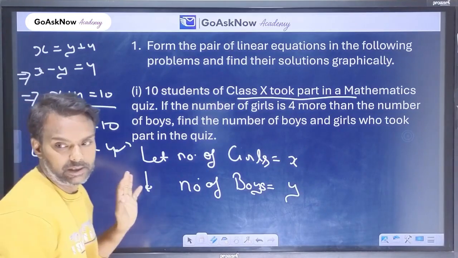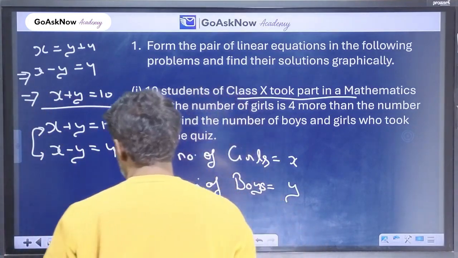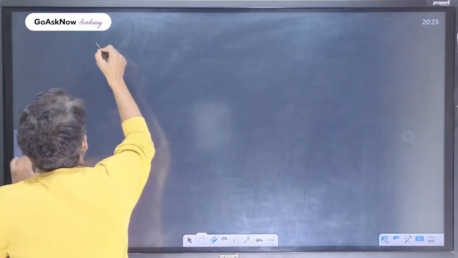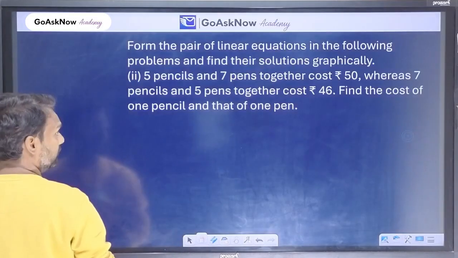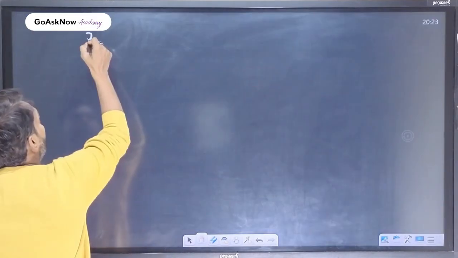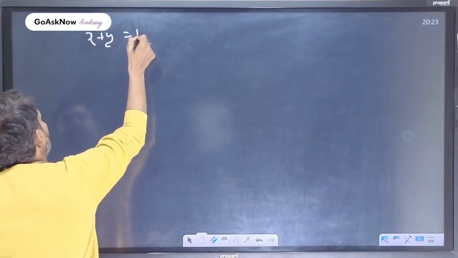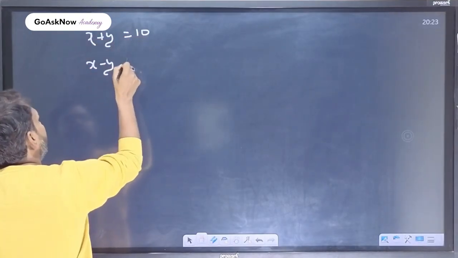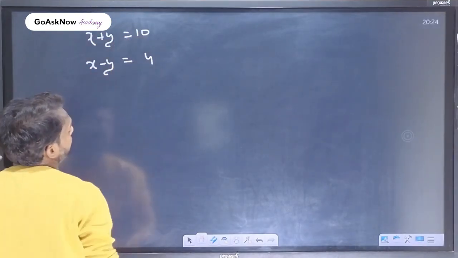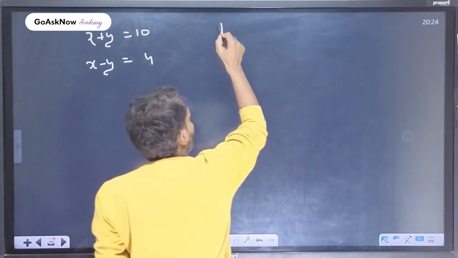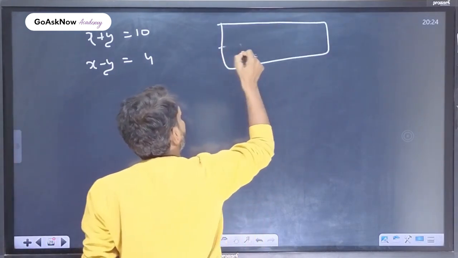We will solve them graphically. x plus y is equal to 10 and x minus y is equal to 4. Let us make a value table for the first equation.